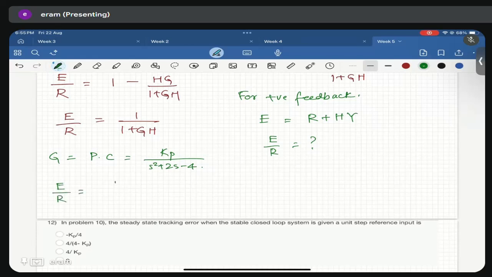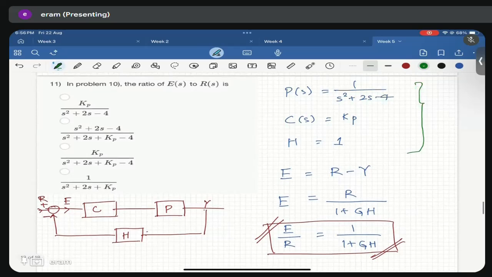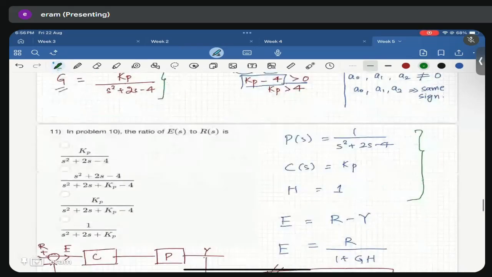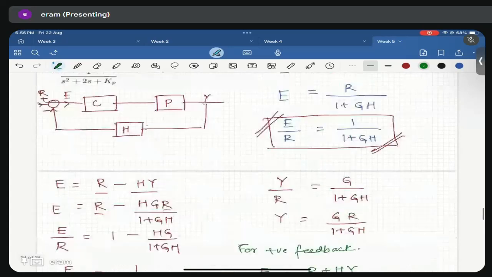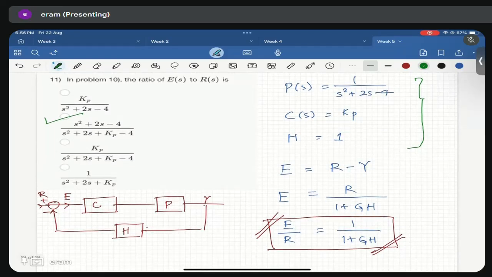Now find out 1 by 1 plus GH. H is 1. 1 by 1 plus G into H, with G being Kp by S square plus 2s minus 4, is equal to S square plus 2s minus 4 over S square plus 2s minus 4 plus K. Which option is correct? Option B. Is it clear?